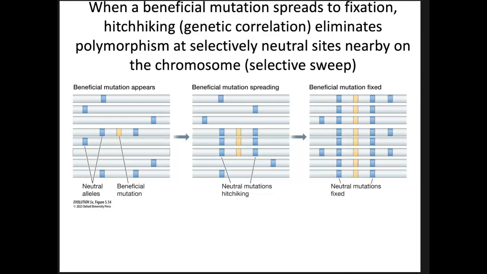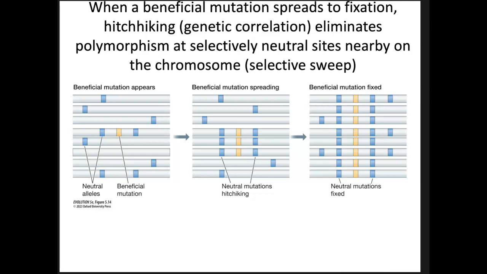And as long as those neutral mutations are on sites nearby the beneficial mutation on the chromosome, then what can happen is that these neutral mutations can also become fixed on the chromosome. And as the beneficial mutation spreads into higher frequency, this neutral mutation that has no effect acts as a hitchhiker, and it also becomes fixed.